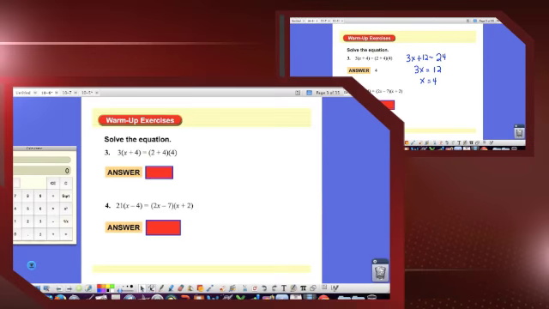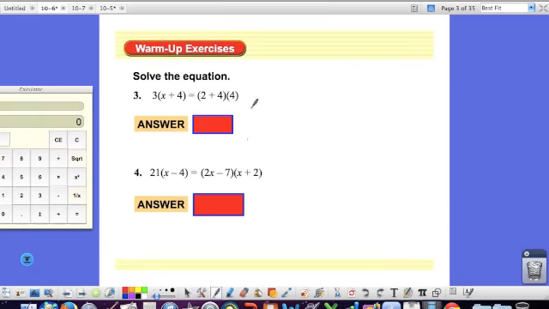And from number 4, I erased what I had so I could start up here. I would have 21 times x is 21x. 21 times negative 4 is negative 84. Equals 2x times x is 2x squared. 2x times 2 is 4x, minus 7x is negative 3x, and negative 7 times 2 is negative 14.